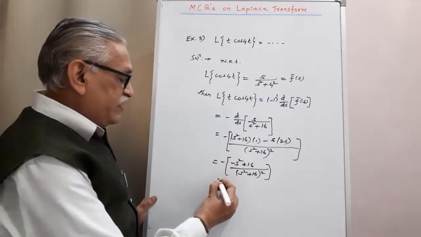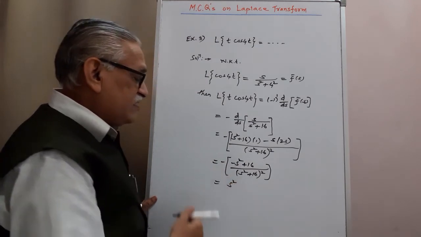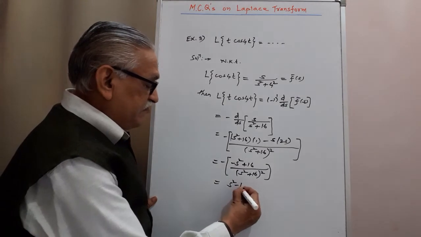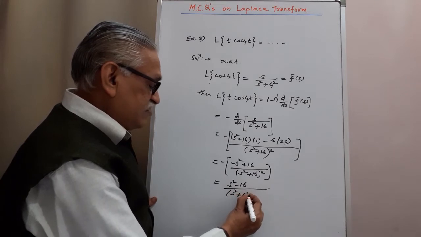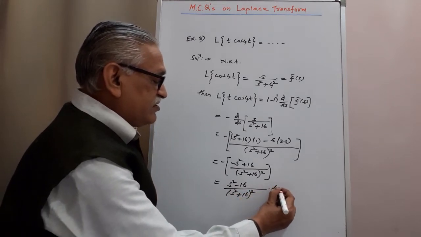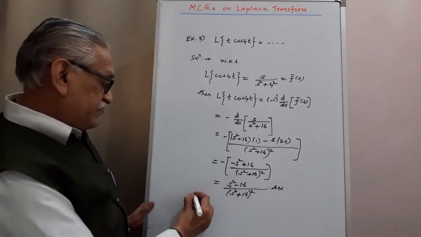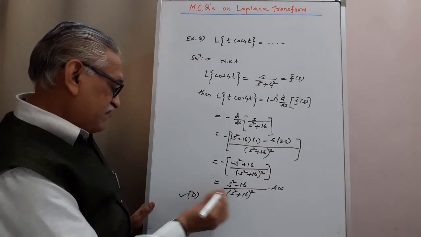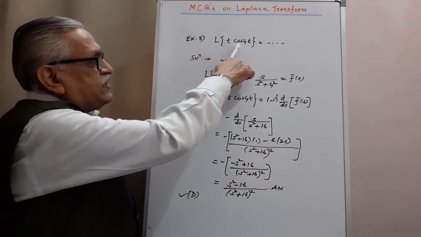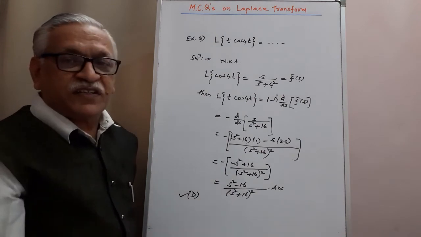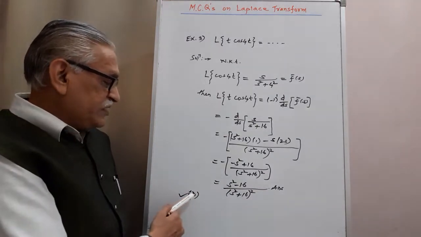Multiplying by the minus outside, we get the result s square minus 16 divided by s square plus 16 whole square as the required Laplace transform, and it is option D as the correct option or answer for that problem. Therefore, Laplace of t cos 4t is s square minus 16 divided by s square plus 16 bracket square, option D.